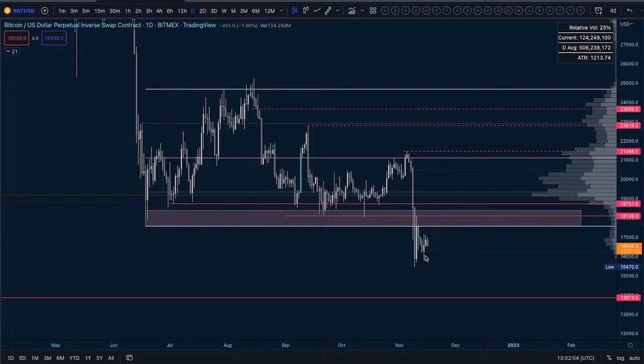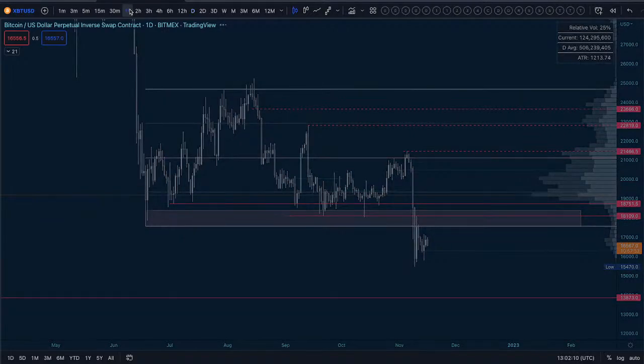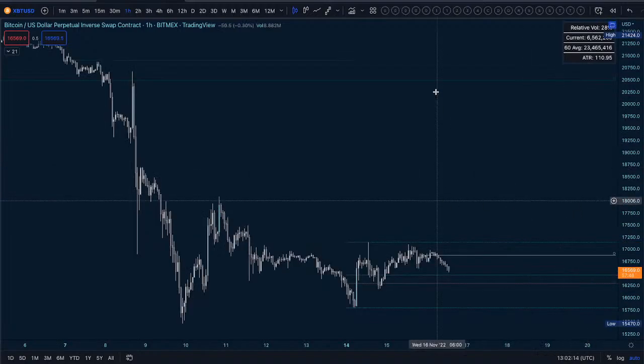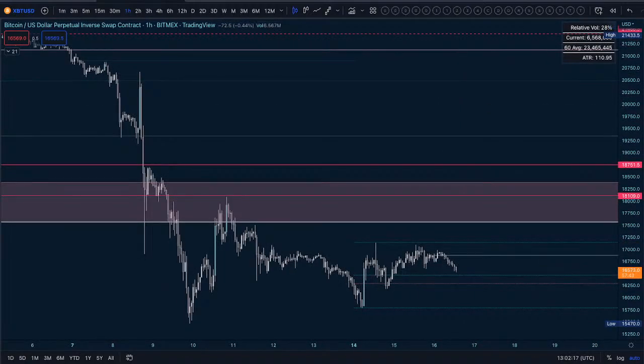So basically, this is nothing that I would want to long as of now. And I don't like these kind of structures, like it looks like an upside S. But they also create one of the great opportunities.